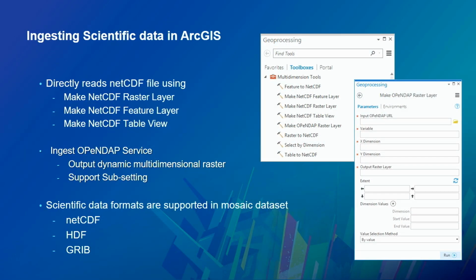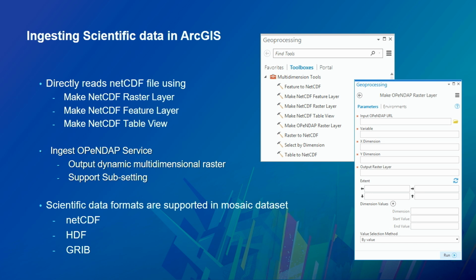Now, how can we read, or ingest, this data? There are a couple of ways, and my colleague Sharmishta will show you how to go about it. We have a toolbox called Multidimension Tools, and you can use these geoprocessing tools to read it. But we also have other ways to do it, so we will show you.